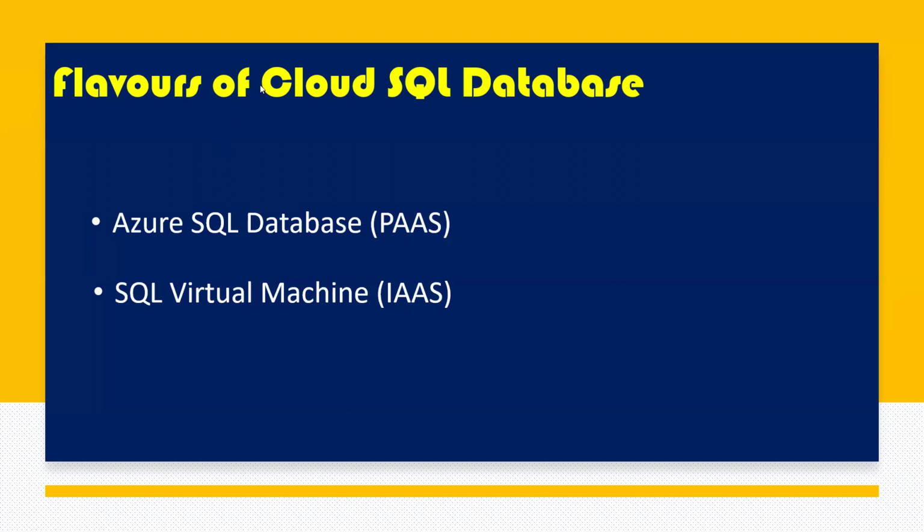Instead, you can create a virtual machine in the cloud and install your existing software. But with Azure SQL database, you don't need to create any virtual machine. You can directly create your database and start using it.